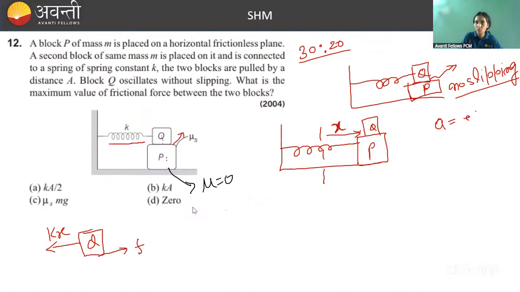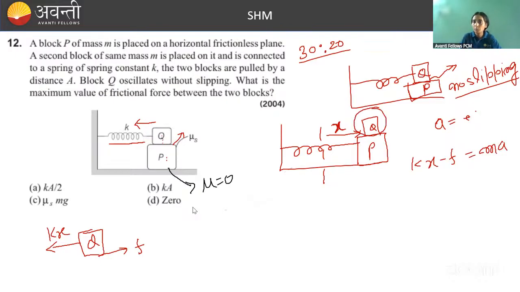Because the external force on body Q is Kx on the left-hand side, friction will operate on the right-hand side. So with acceleration directed in this direction, Kx minus f equals Ma. The free body diagram of Q I have written like this.